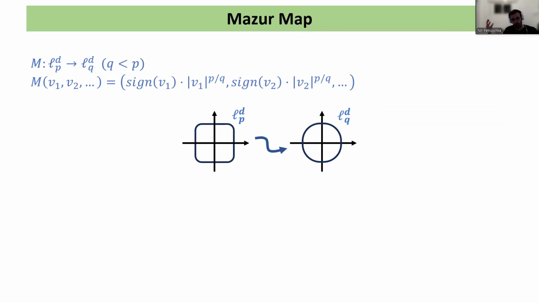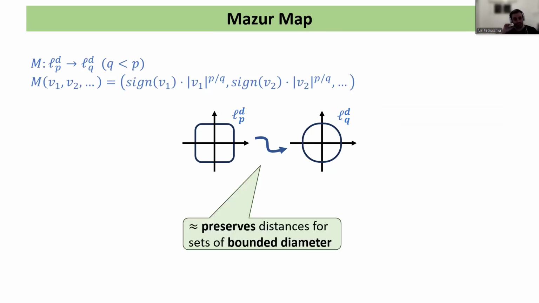You can show that if you have a set of some bounded diameter that lies in LP, you can shrink it to fit inside the LP unit ball, or shrink it and shift it, apply this mapping and then scale things back, and we get that the distances roughly preserve when we apply this process.